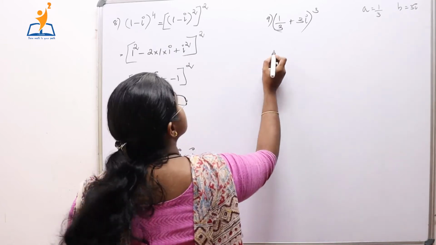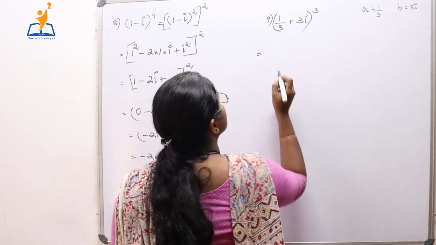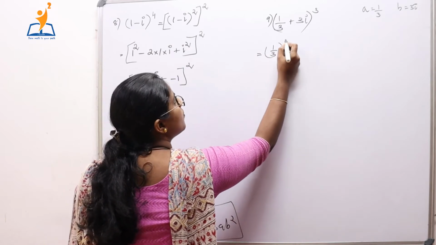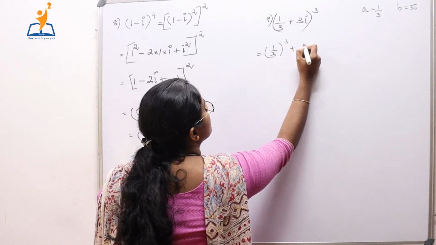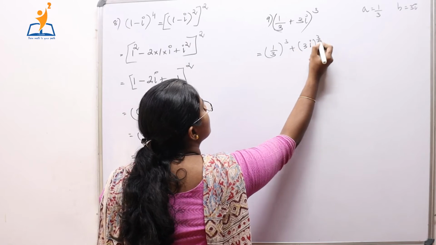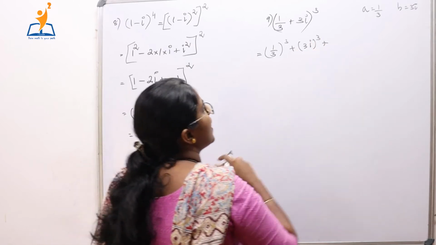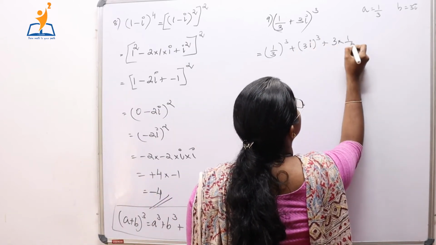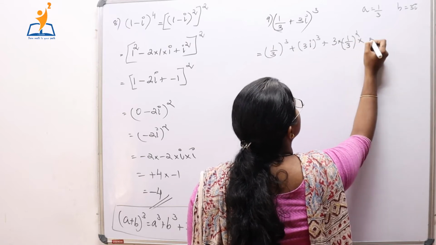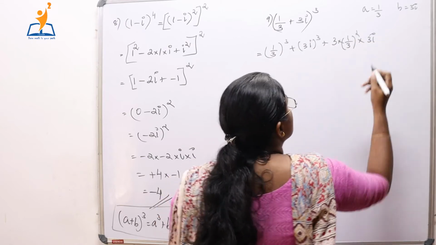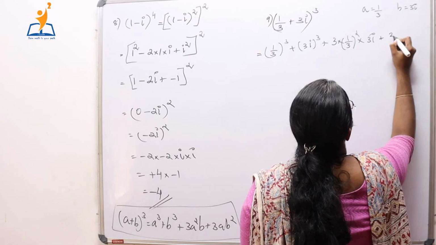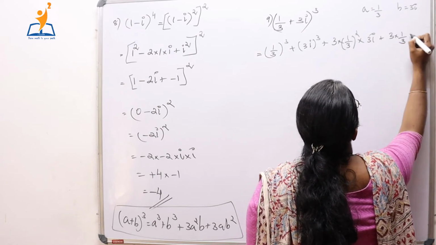So let's substitute that: a cube, that is (1 by 3) the whole cube, plus b cube, that is (3i) the whole cube, plus 3a square b, that is 3 into (1 by 3) square into b, that is 3i. Now plus 3ab square, that is 3 into a, which is 1 by 3, into b square, which is (3i) square.